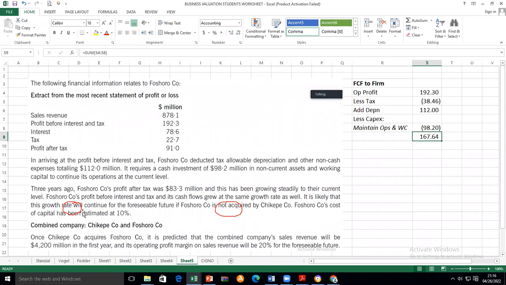It is likely that this growth will continue for the foreseeable future if F company is not acquired by C. F company's cost of capital has been estimated at 10%. So now we have an idea of what sort of future cash flow we are looking at.